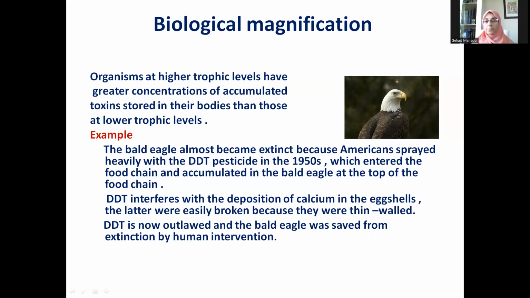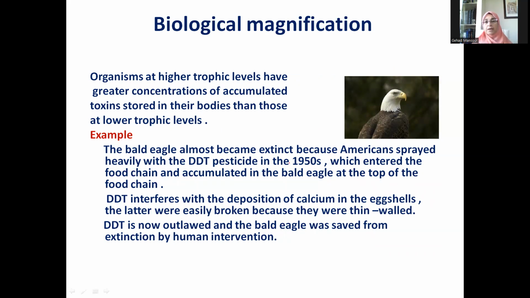For example, this bird is called the bald eagle, and the bald eagle has almost become extinct because people in America used to spray the plants and the forests heavily with the DDT pesticide.